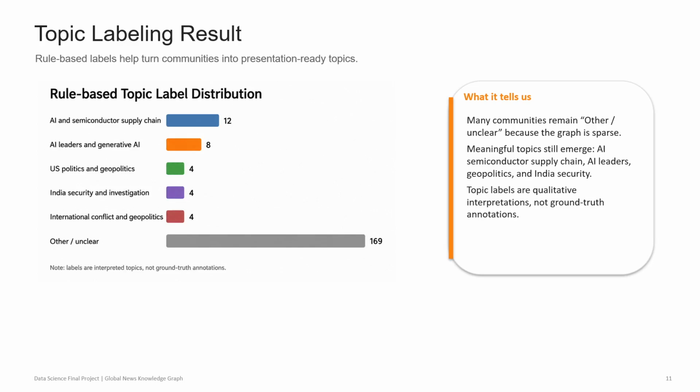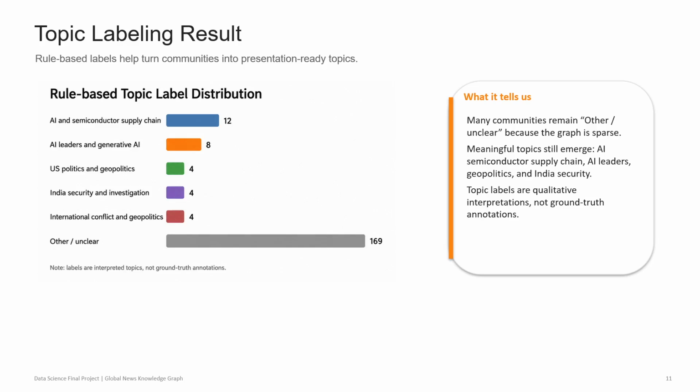After community detection, the algorithm only gives us community IDs. For example, it may output community 1, community 2, and so on. However, these numbers don't tell us what the community means. To make the result interpretable, we look at the top entities in each community and assign a rule-based topic label.